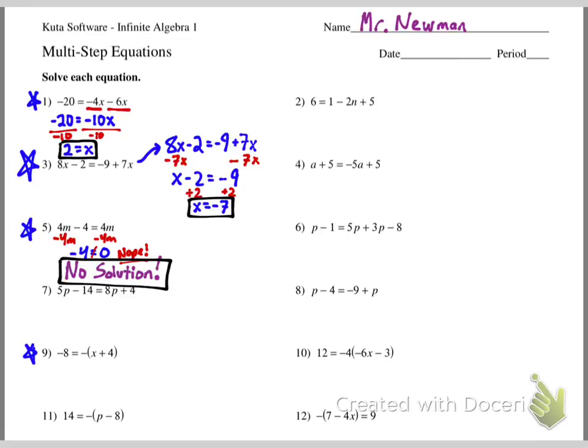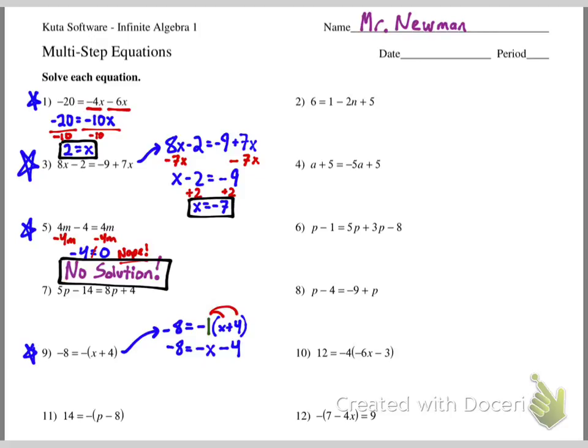For number 9, we have a parentheses. I'm going to again write this off to the side so I have a little more space. Anytime there's a parentheses, we can distribute a number across it, but it doesn't seem like there's a number on this. If there isn't a number, that means there's a 1 right in front of the parentheses. In this case, because it's minus, that's a negative 1 sitting in front of the parentheses. So I'm going to distribute the negative 1, and we get negative 1x, or negative x, and negative 1 times 4 is negative 4.